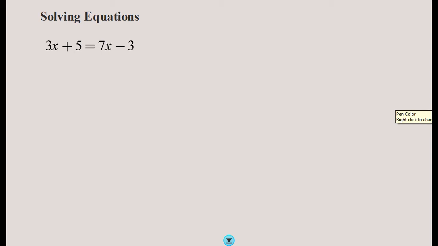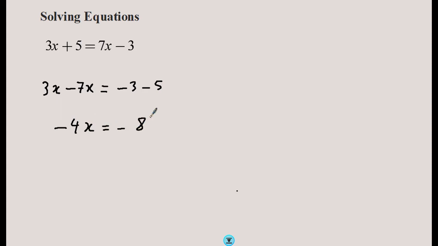So let's say you decided that you want to put all the x terms on the left hand side. That gives you 3x minus 7x, because the 7x moved from the right to the left, equals what was on the right hand side, the negative 3, and the 5, which was positive, moves across to the other side and is written as a minus 5. This immediately gives you negative 4x equals negative 8.